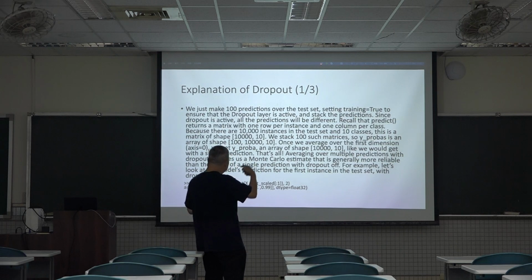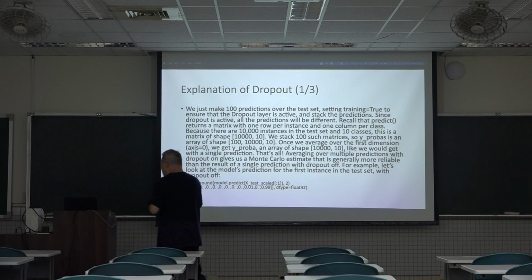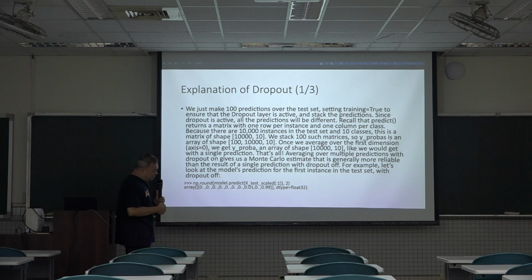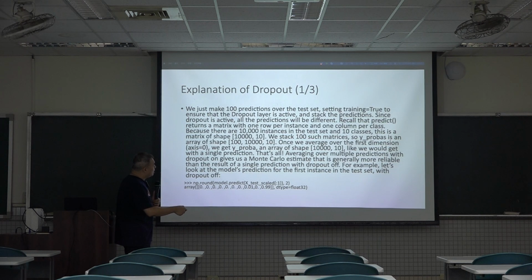But now we are doing this 100 times. For every instance, we do this inference 100 times. So at the end, we stack 100 such matrices, and this y_probas is going to have a shape of 100 by 10,000 by 10.